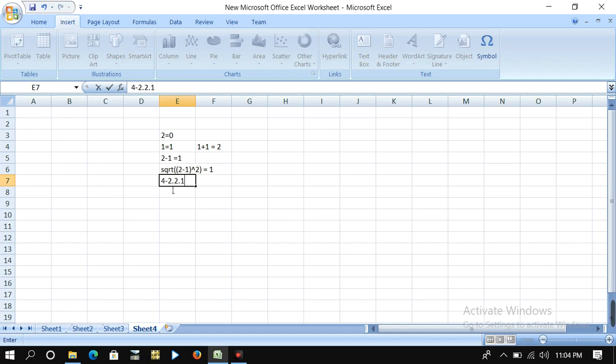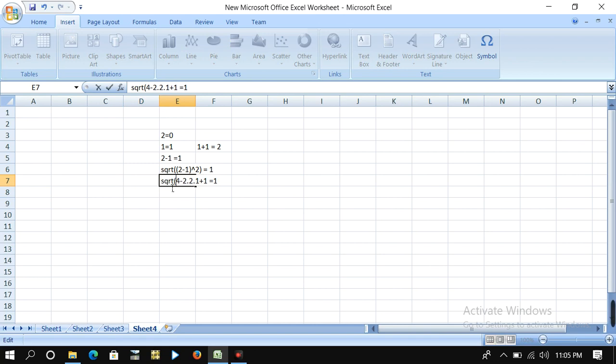Don't forget this number is under the radical or in the square root. So here what I'm going to type is root. Good, so we're fine. We've got to keep doing again.